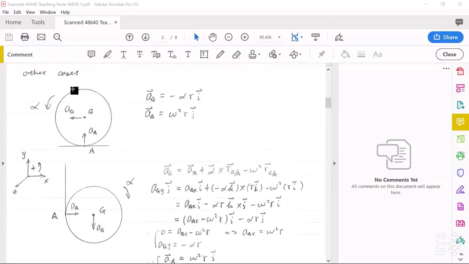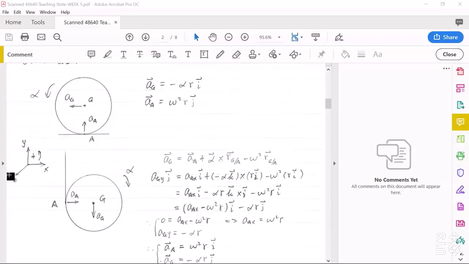For example, in this diagram you can see a rolling problem without slip, but this time alpha is counterclockwise. The magnitudes of AG and AA are not changed, but AG's direction this time is negative, and AA this time is still positive.